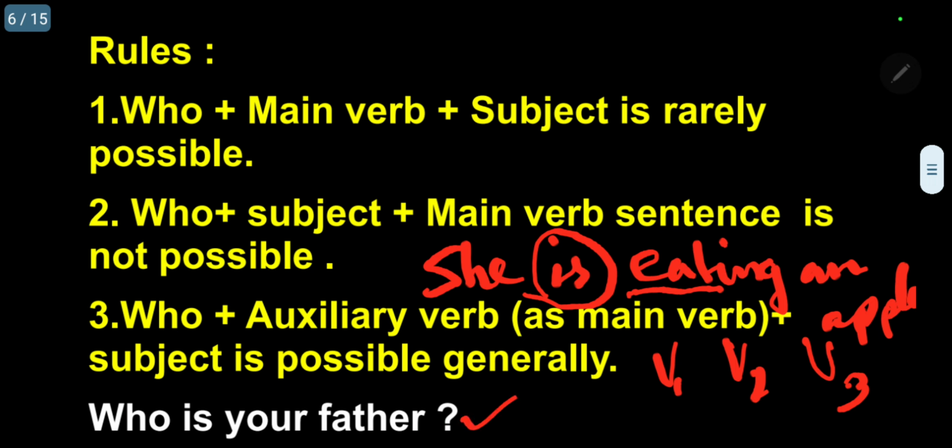So now I am giving an example here. Who is your father? Here, is is acting as a main verb. The auxiliary verb is acting as a main verb. So this is common. You can use it 100%. After who, you have to use not a main verb or subject, but always an auxiliary verb.